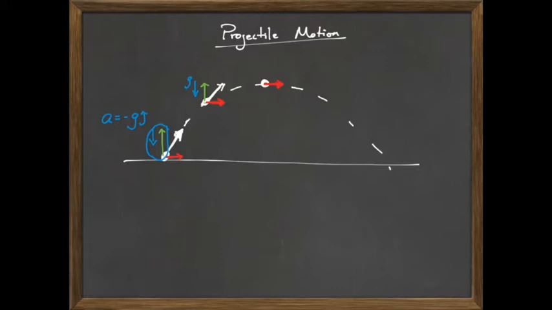So at every single point, we will have the same horizontal velocity. It doesn't matter where we are in the path. The horizontal velocity does not change. However, the vertical velocity, because of gravity, will get a little bigger, a little bigger, and a little bigger.